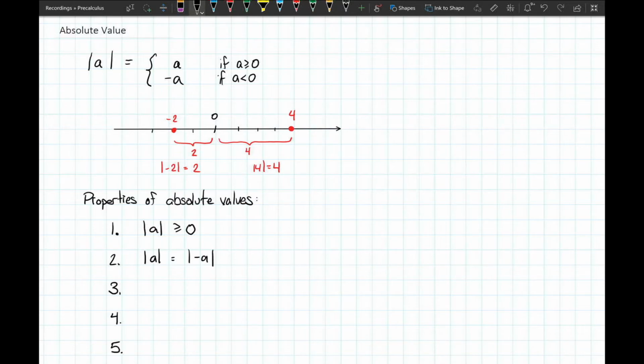Third property, if I have two numbers and I multiply them together, and then I take the absolute value, we know the result is going to be a positive number. It's just as good to take the absolute value of each individual factor, and then you'll end up with two positive numbers, and then multiply them.